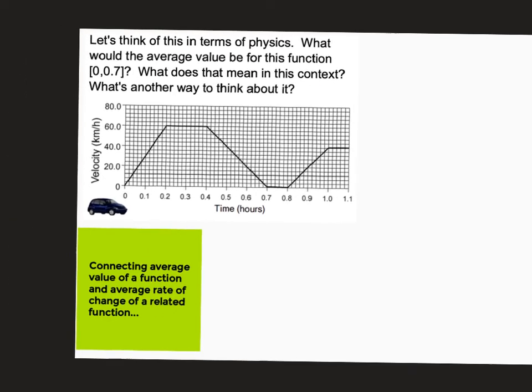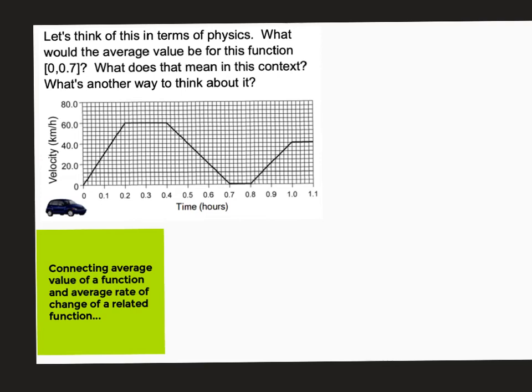All right, let's go to physics. Let's think of this in terms of physics. What would the average value be for this function from 0 to 0.7? Well, let's see. This is a trapezoid. I'll think of it as 2 triangles because that makes more sense in my brain. So I have a triangle that's 0.7 by 60.